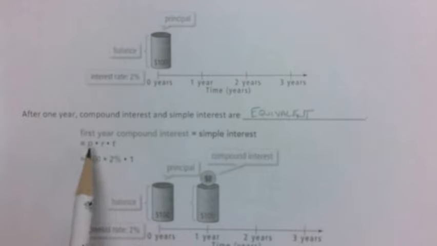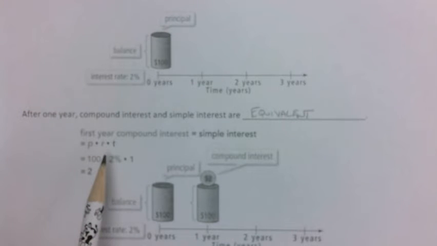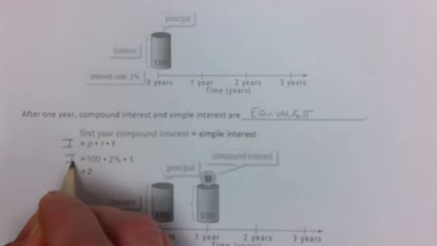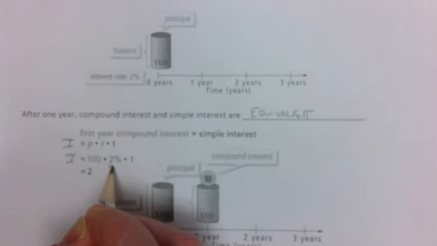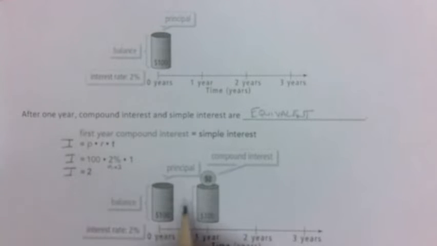The principal in this case, we started with $100. Our rate is 2%, and this is only for 1 year. So to calculate the amount of interest earned, I'm going to do 100 times 2%, which is 2/100, times 1, and that gives me a value of 2. So after year 1, I have the $100 that I started with, and with my compound interest, I've earned an extra $2.